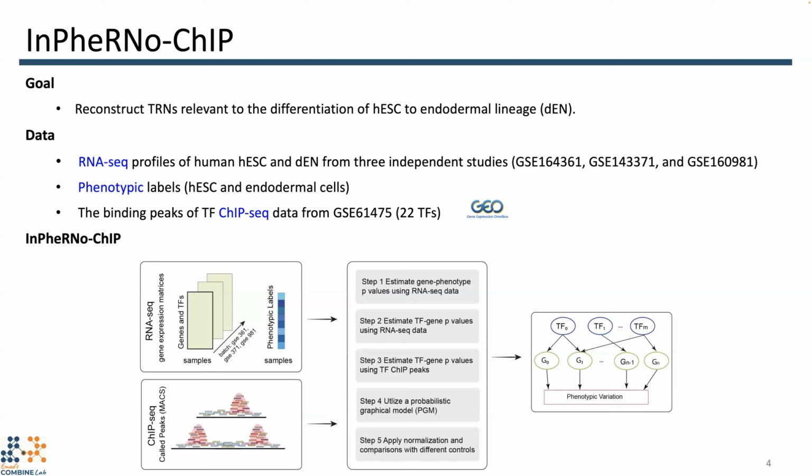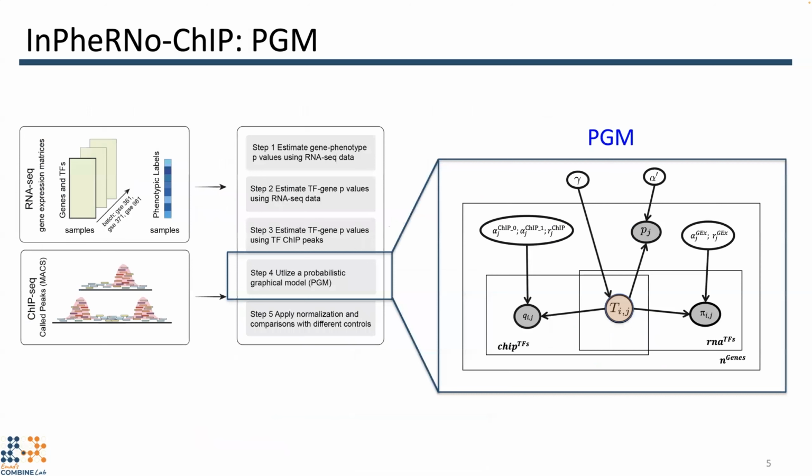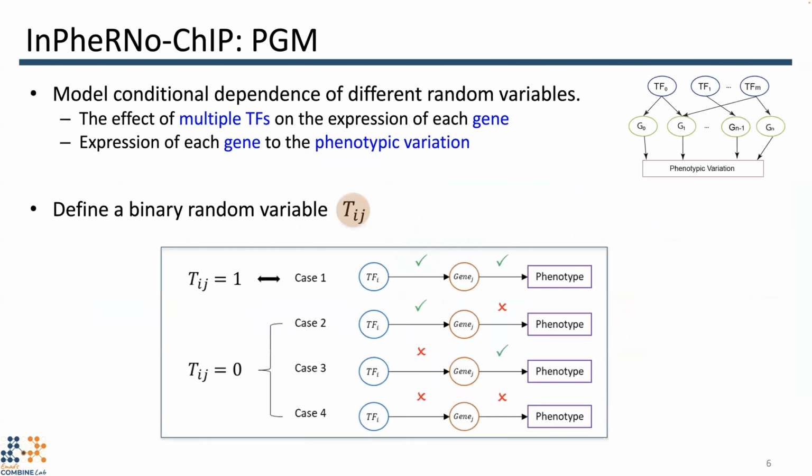Those 3 sets of p-values are then fed into step 4 of Inferno-ChIP, a carefully designed PGM that models the conditional distribution of those summary statistics and generates an initial bipartite graph. Finally, we perform several normalization steps and comparisons with different controls to identify TF-gene relationships that are associated with the differentiation process. The PGM in step 4 is the core of Inferno-ChIP, which I will describe in detail.